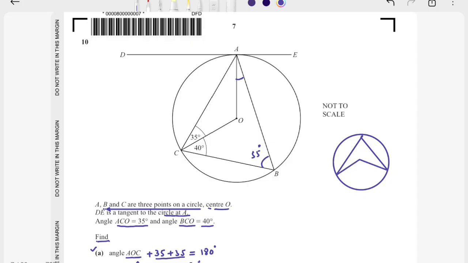Students, just remember, this angle is equal to the sum of these two angles. Remember this thing.